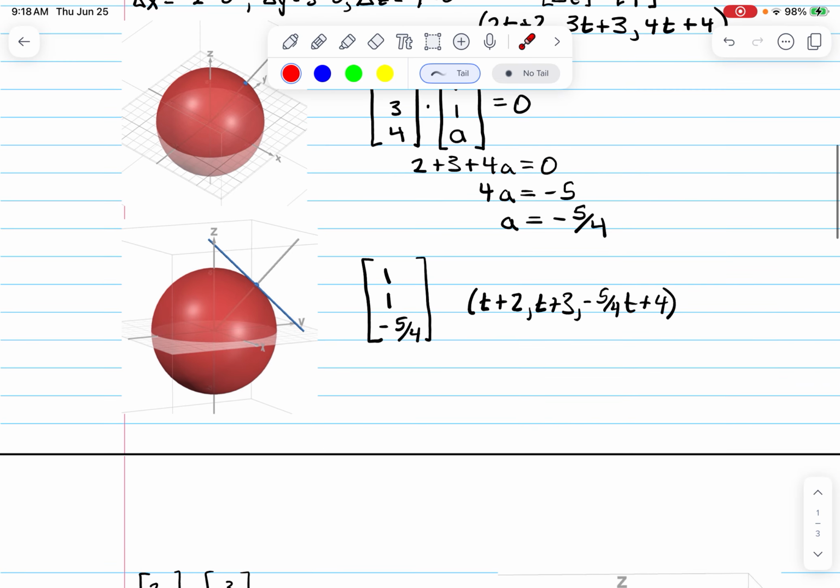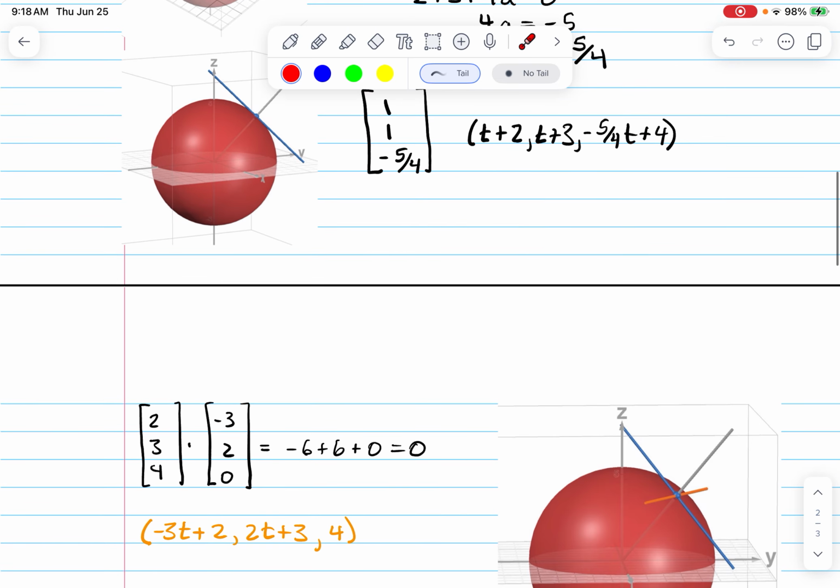Okay, let's dig that a minute. Let's suppose I had the 2, 3, 4. That's the original delta x, delta y, and delta z. And let me just flip these two. Negative 3, 2. Just like I did for the line. And then for the z, I'll just put a 0 there. Well, heck, that will work.